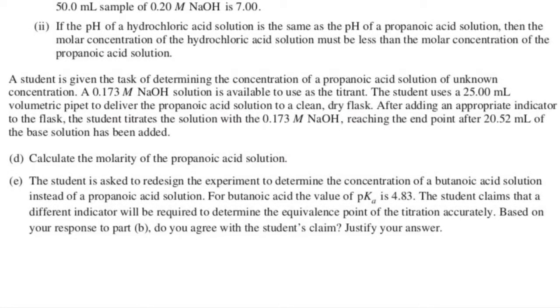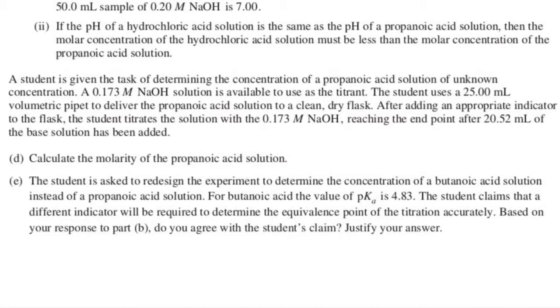Part D of the question is based on the scenario that they give you, which is a student is given the task of determining the concentration of a propanoic acid solution of unknown concentration. A 0.173 molar NaOH solution is available to use as the titrant.